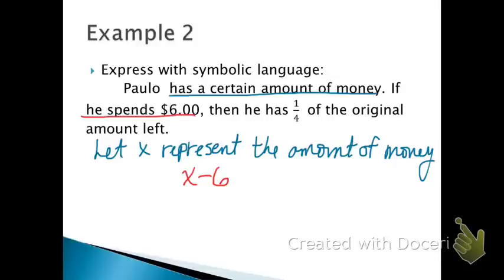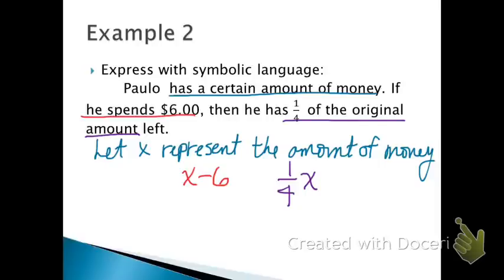Okay, so we can express 1/4 of the original amount. 1/4 of the original amount would be 1/4 times X, or 1/4 of X. So how can we put those two parts together? Let's read it again.